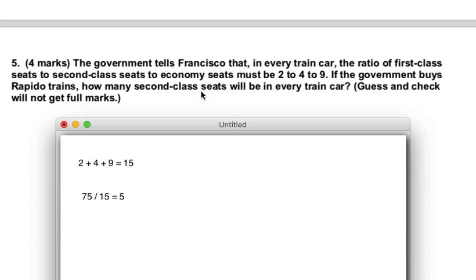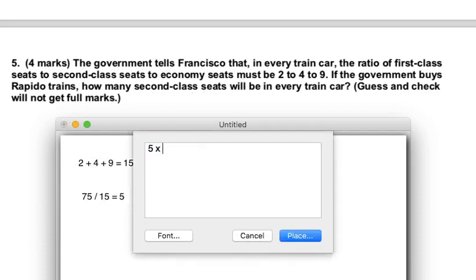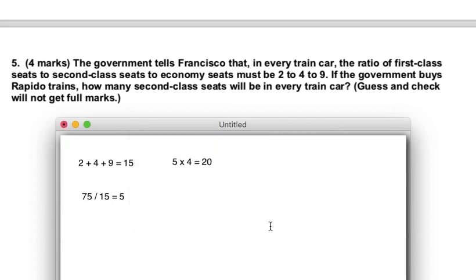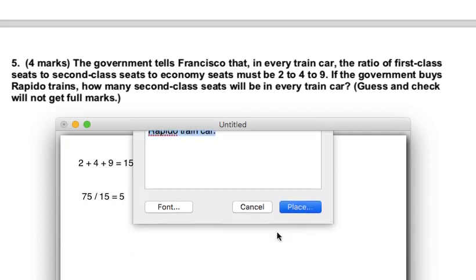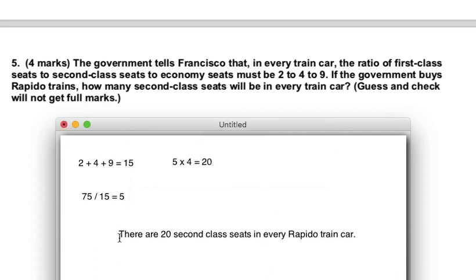Since it's asking me how many second-class seats there will be, that was 5 times 4, and 5 times 4 equals 20. So the answer here, if you're answering this whole question, would be that there are 20 second-class seats in every Rapido train car. And that's how you do that one.